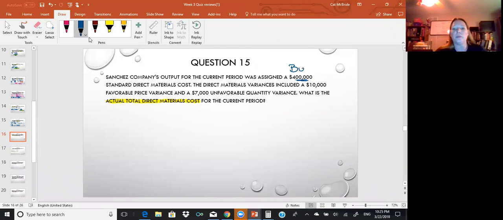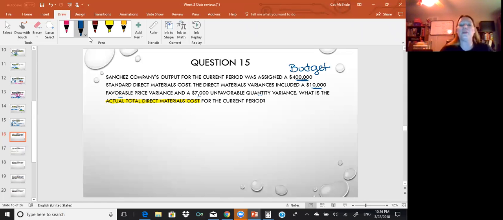So this is our budget. We plan to have direct material cost of $400,000. The direct materials variance included a $10,000 favorable variance for price and a $7,000 unfavorable quantity variance.